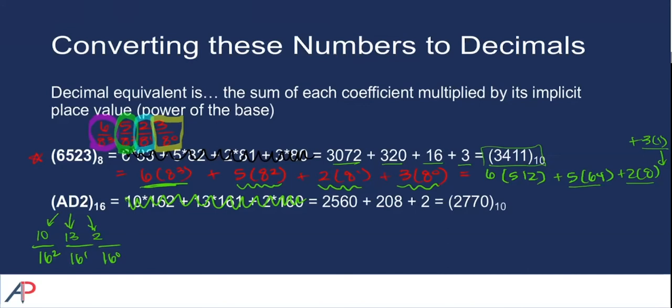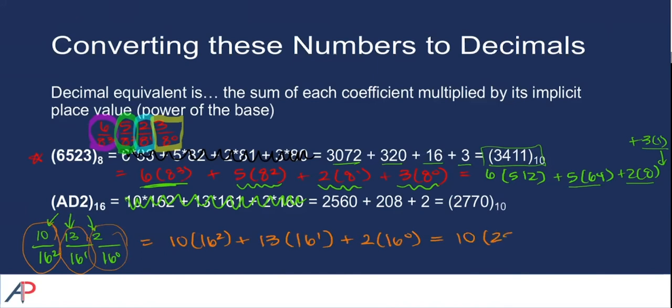So let's go ahead right here, 10 times 16 squared. So 10 is our value and 16 squared is our place value. Plus our next one is 13 times 16 to the first power. Then our last one, 2 times 16 to the 0 power. 16 squared is 256, so 10 times 256, plus 13 times 16, plus 2 times 1, because 16 to the 0 power is 1.